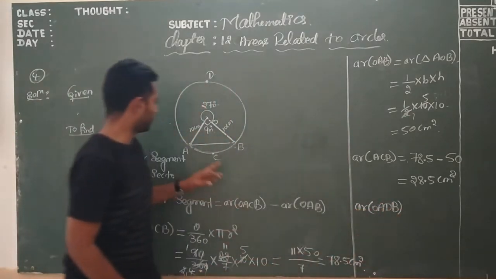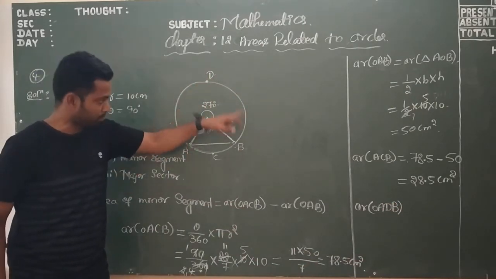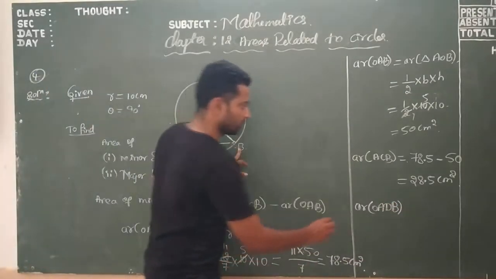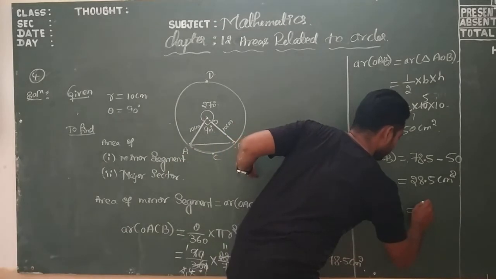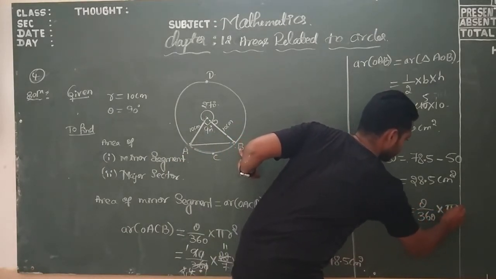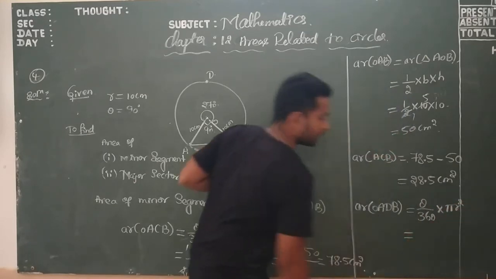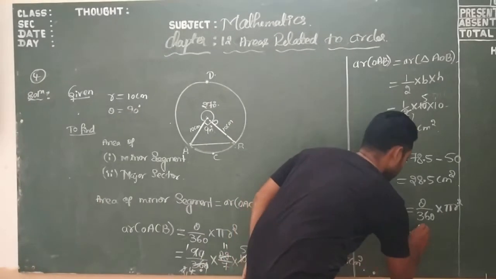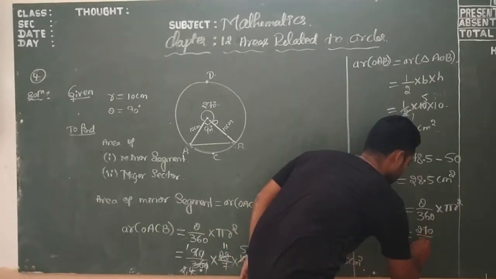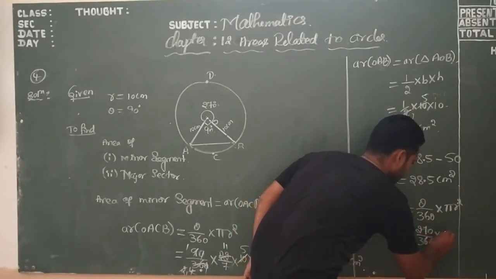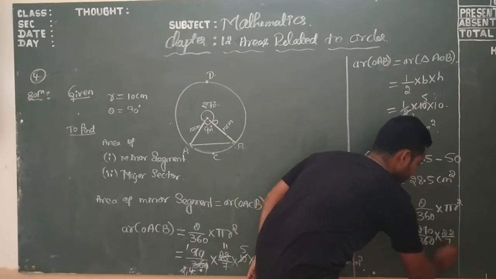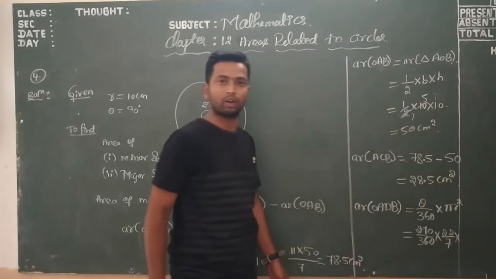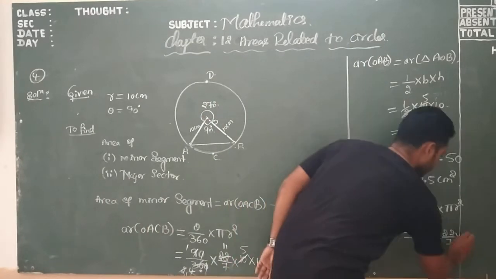The area of OADB is given by the formula theta by 360 into pi r square. Theta is 270 degree, so 270 by 360 into pi 22 by 7 into r square. Radius is 10 centimeter, 10 into 10.